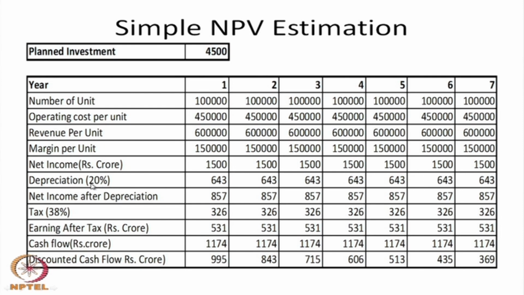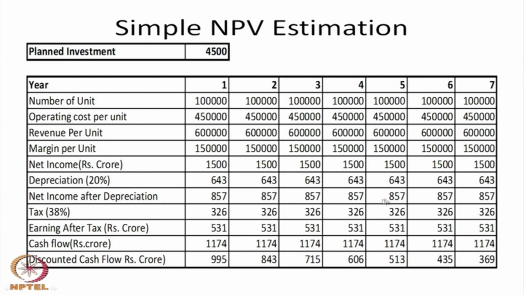Now, depreciation. The investment is 4,500, so 4,500 divided by 7 gives a depreciation of 643 crores every year. The net income after depreciation is 1,500 minus 643, which is 857 every year.